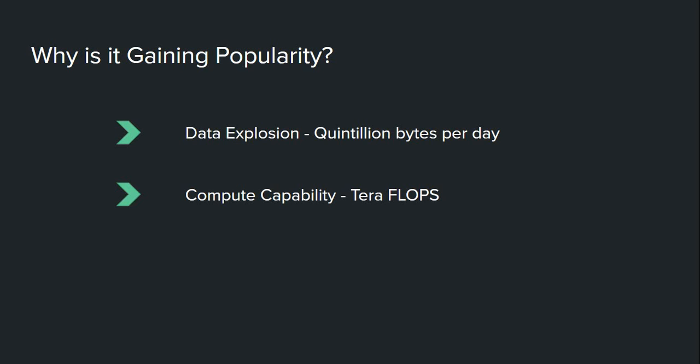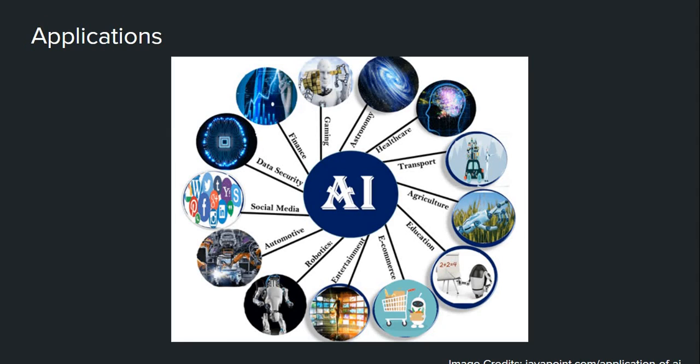So now let's move on to some of the applications of AI, right? AI is being used almost everywhere. It's becoming ubiquitous day by day, right from astronomy to transport, education, e-commerce, social media, you name it. Let me discuss a couple of applications. Let's say healthcare, for example.